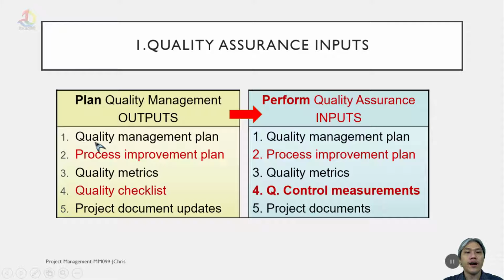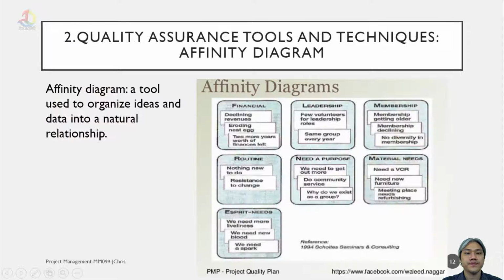These are the quality management plan, process improvement plan, quality metrics, and quality checklists. Quality control measurements become an input in perform quality assurance, along with project documents updates. The quality assurance tools and techniques that can be used are quite a lot.